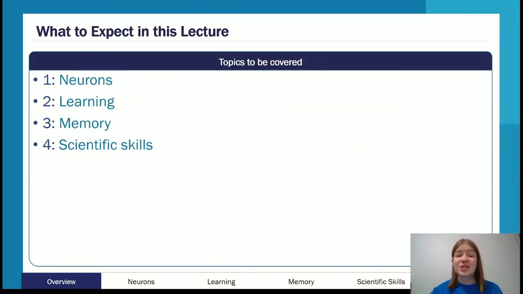In terms of this lecture, as I've said, we're focusing on Unit 3. We've got a bit of scientific skills at the end there, but really we're focusing on getting that Unit 3 content down. In some places, I'm going to be going through pretty quickly. Please feel free to ask questions, even if it's not something I've explicitly covered in the lecture. Feel free to respond to any of the practice questions as well, or ask for further feedback if you're watching the live stream.